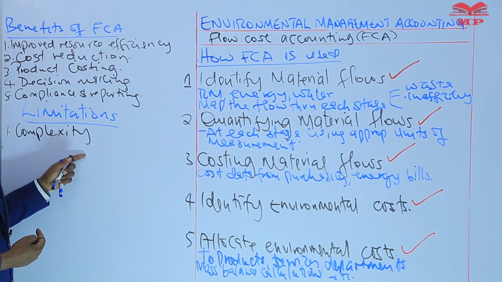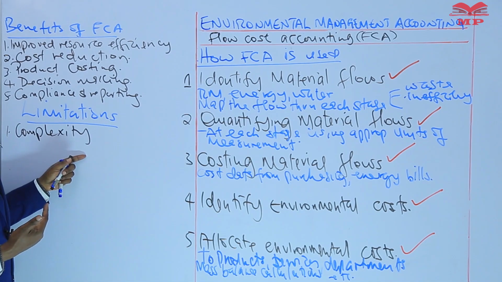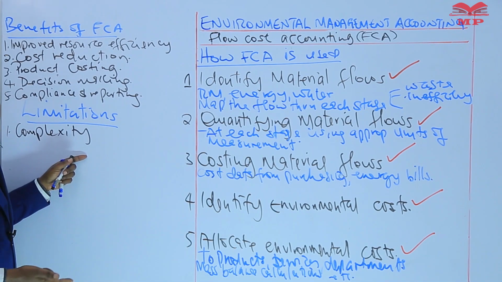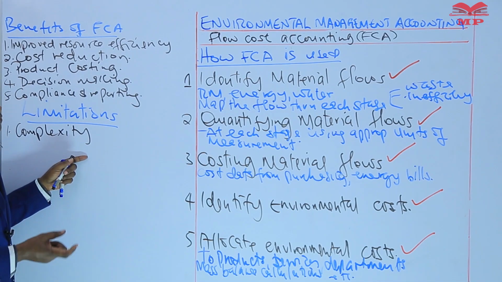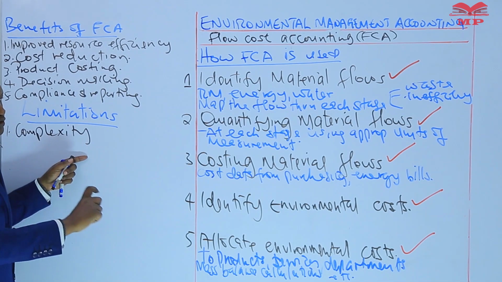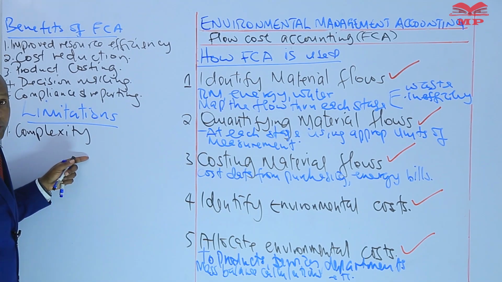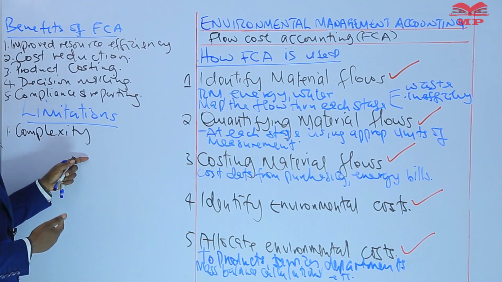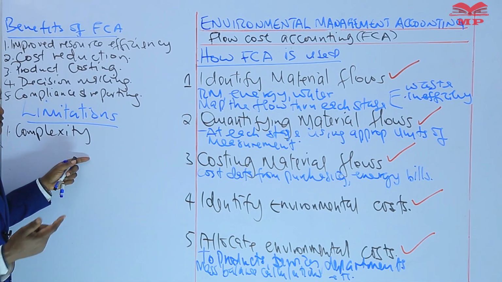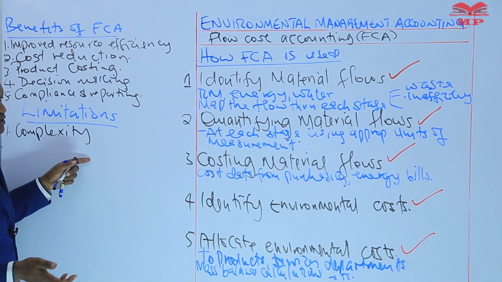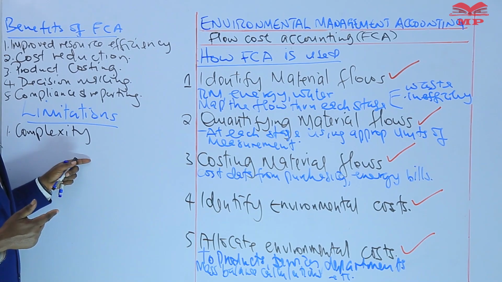Because remember that even identifying material flows, mapping the flow through each stage requires significant resources. The process of quantifying material flows at each stage using appropriate units requires significant resources. Costing material flows using energy bills requires technical know-how.